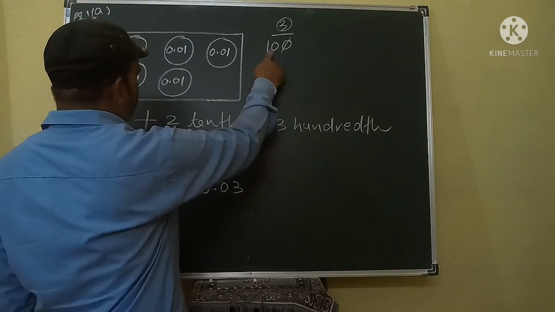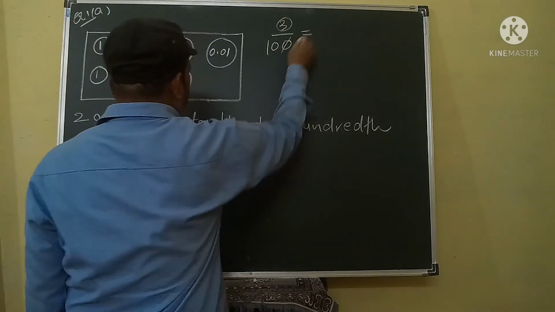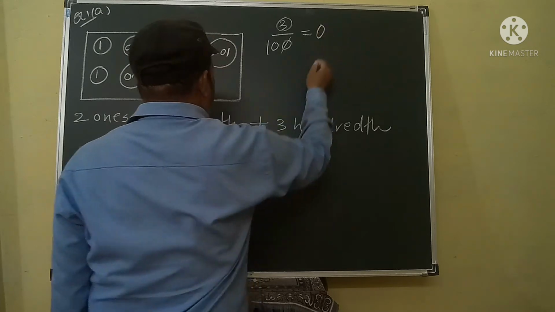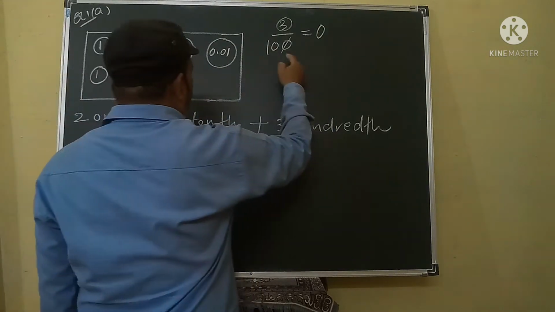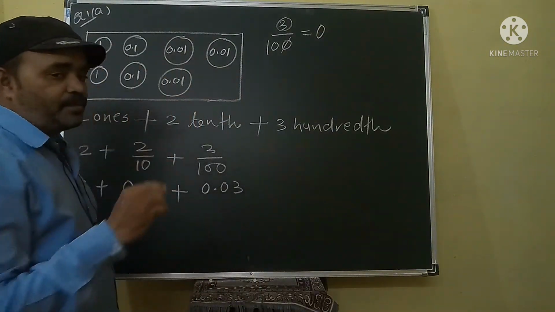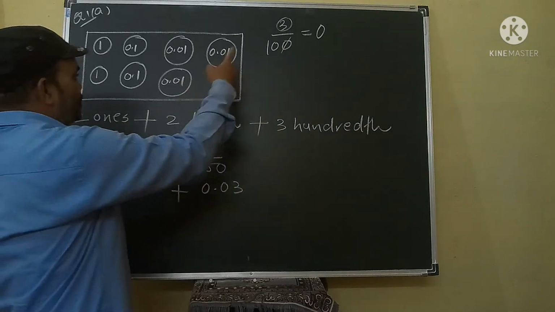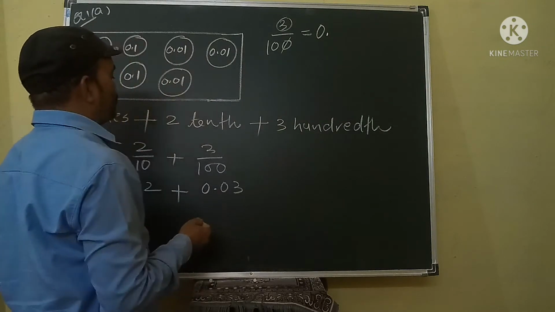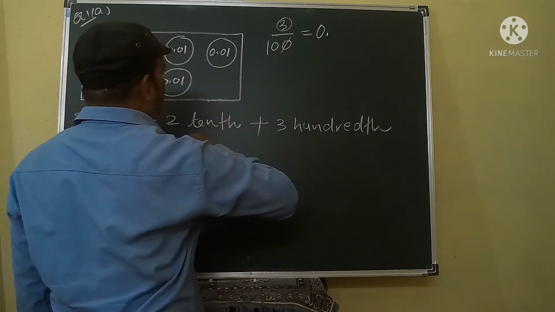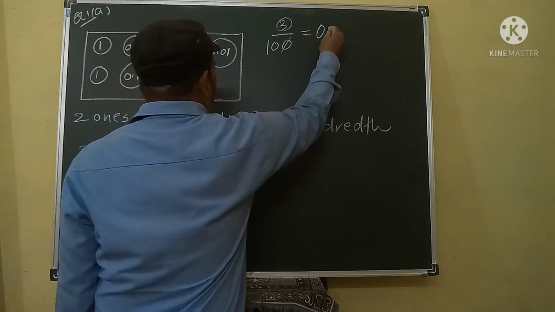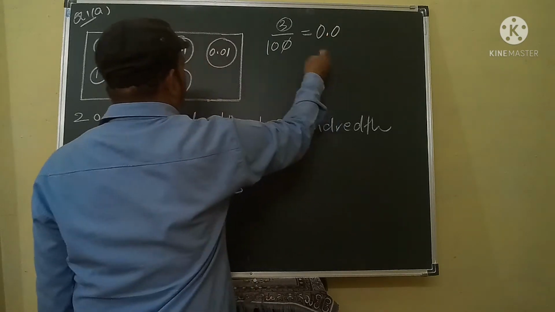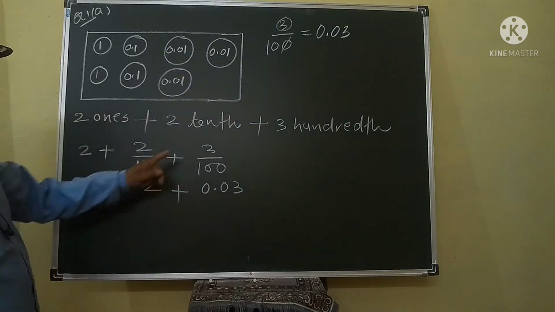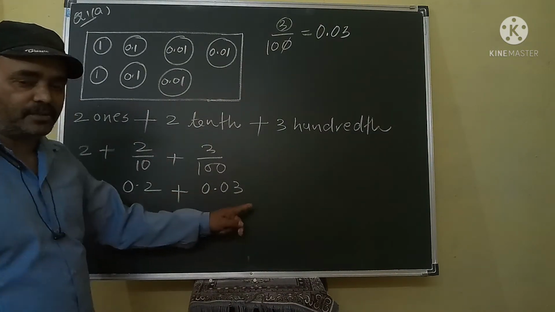The remaining number is 0. First we write here 0, then the 1 is replaced by the decimal point, and this is 0, so we write 0. Then 3. That means 3 upon 100 means 0.03.